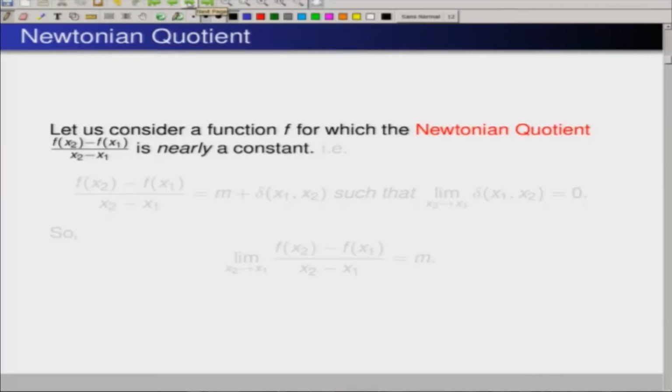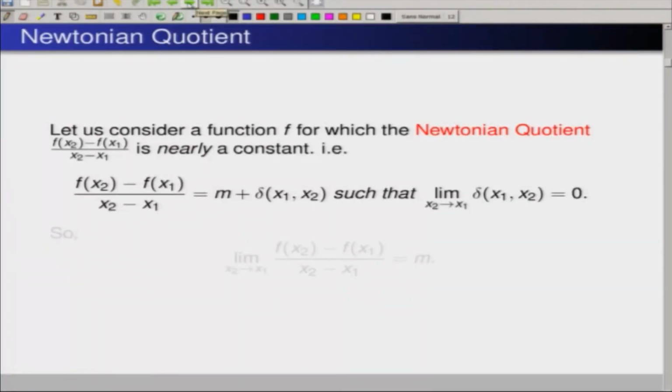In the case of an affine function, this is constant. Now, let us take a function for which this is nearly constant. What is nearly constant? Nearly constant means this ratio is equal to m plus some function of x 1 and x 2.